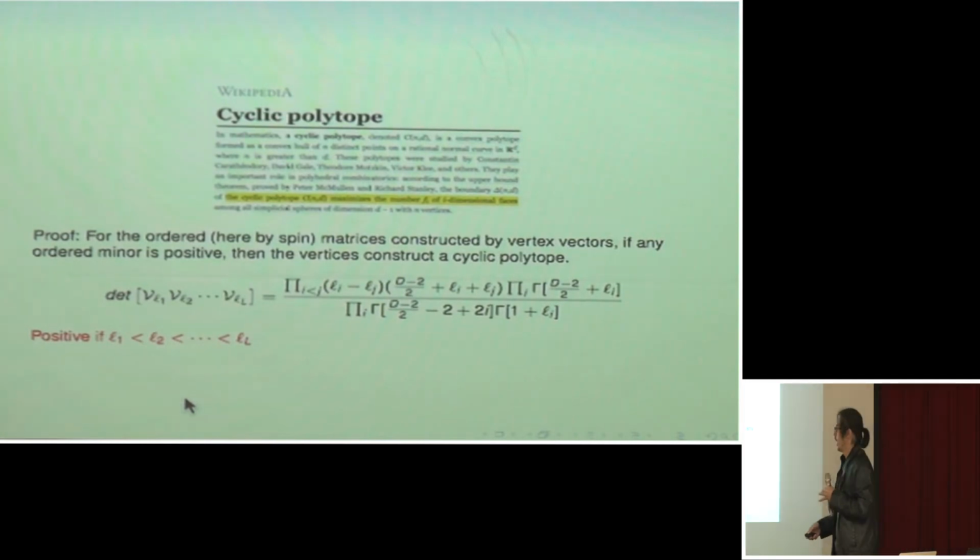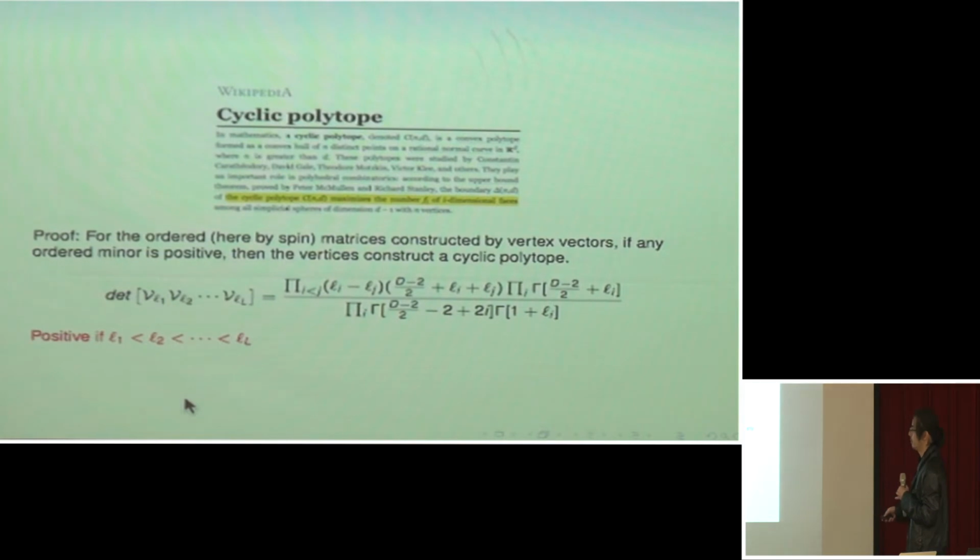Okay? And we've been able to prove that these vectors, so there's also another definition of a cyclic polytope, which is basically you take the ordered matrices constructed by these vertex vectors, and if arbitrary ordered minors are positive, then these vertices define a cyclic polytope. And for these Gegenbauer vectors, you can directly construct what the minors are, and just by this form you can see that it is indeed definite positive whenever the spins are ordered.